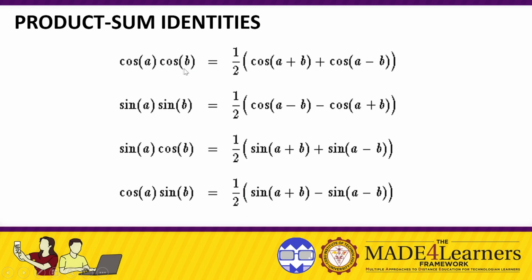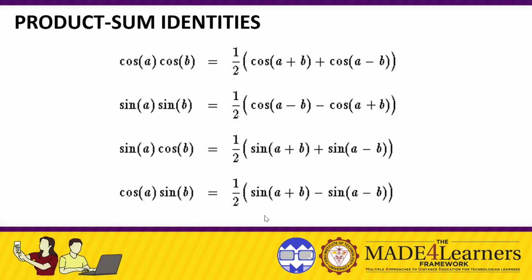For cos cos and sin sin, the result is cos cos, but the signs are reversed. For cos cos, it's plus plus minus. For sin sin, it's minus minus plus. For sin cos, it's sin sin, but plus. For cos sin, it's sin sin, but minus.